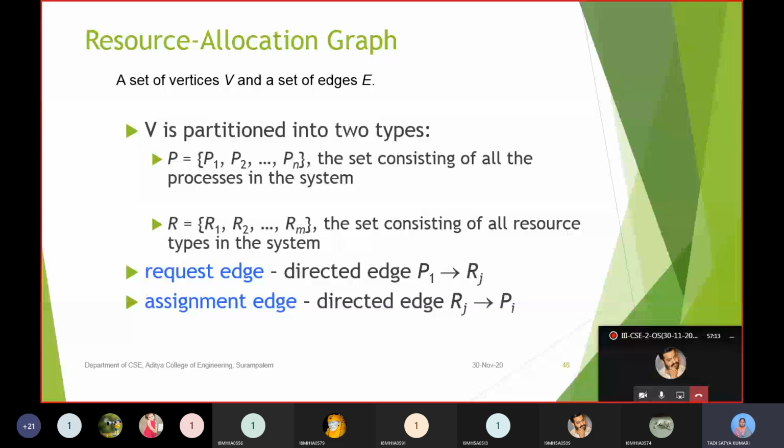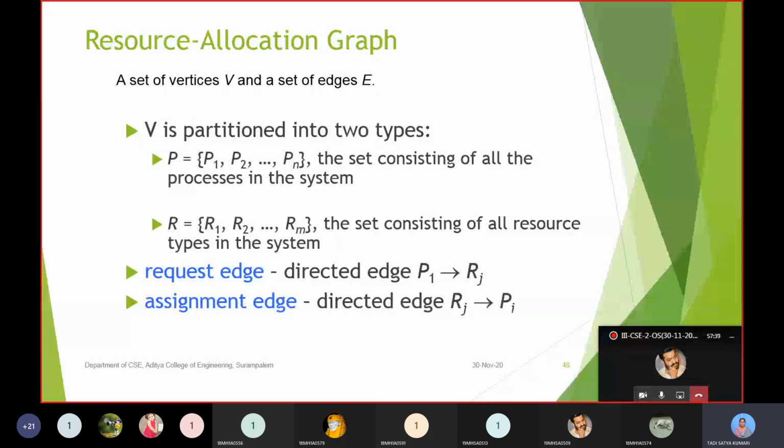In the further topics we have an algorithm used to prevent deadlock, called the resource allocation graph algorithm. We discuss that later, but before that we introduce the resource allocation graph, because it is very easy to explain the situation of deadlock with its help.